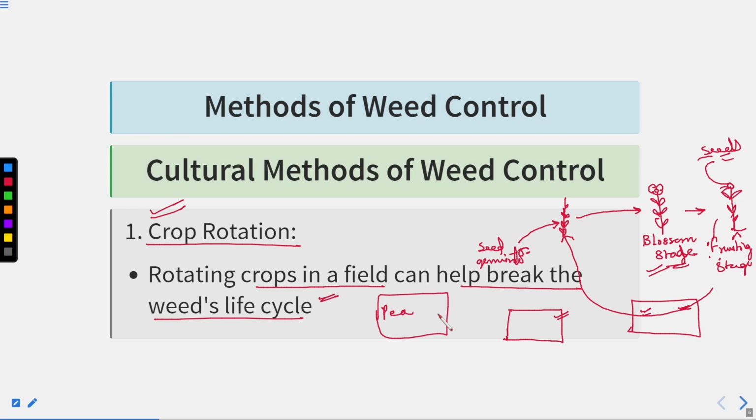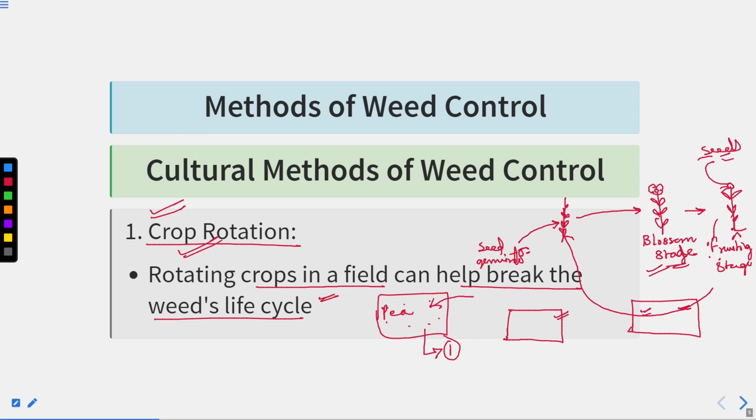So if you are growing pea one season in this particular cropland, then do not grow pea again, because the seeds will be present in the soil and they can again grow when the pea is there. But if you grow some other crop, it will not grow and it will not affect the crop.